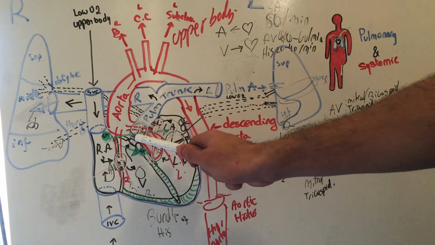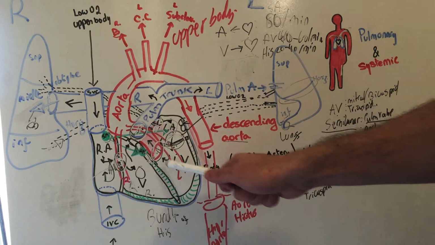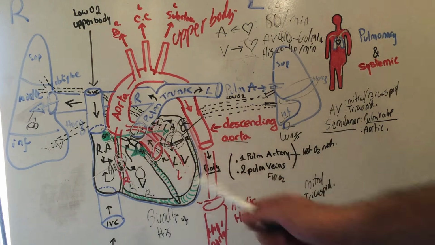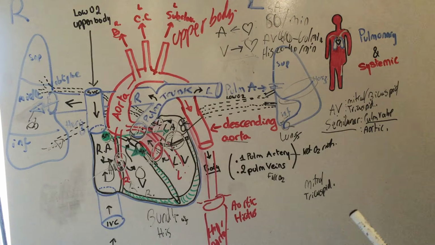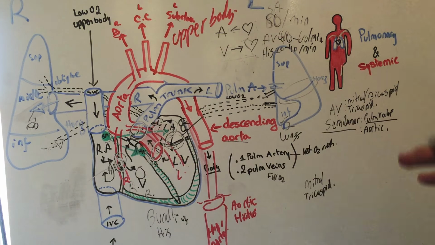Whereas the semilunar valves must be closed because what you don't want to happen is blood to go from left atrium to left ventricle directly towards the aorta and pulmonary trunk because those ventricles haven't contracted yet. If they haven't contracted yet, then blood is just going to push in here, get backflow, and that's just going to create a mess.